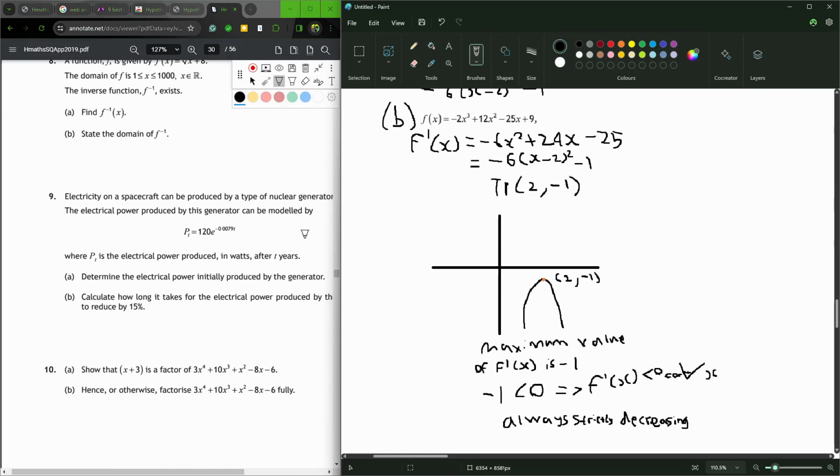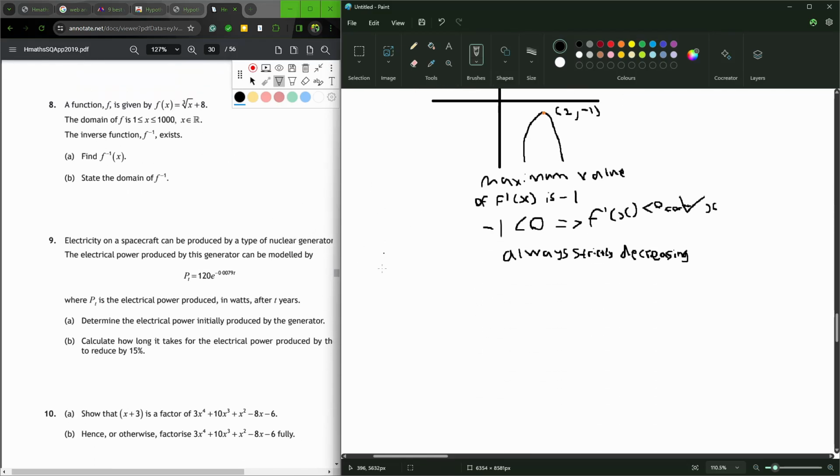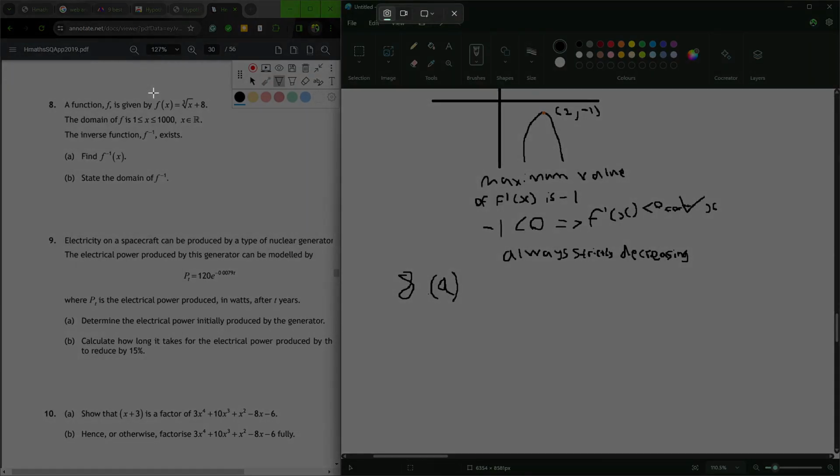Okay, another page. A function f is given by f(x) equals the cube root of x plus 8. Domain is yada yada, the inverse function exists. Well, that's helpful. So, we need to find the inverse function of f. The way I do this is I'm going to start by shamelessly stealing the function.